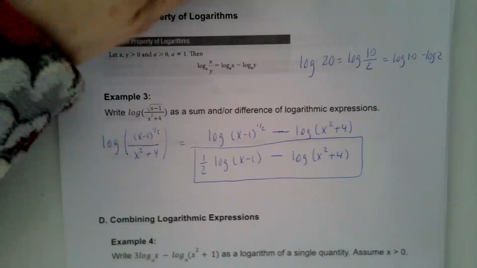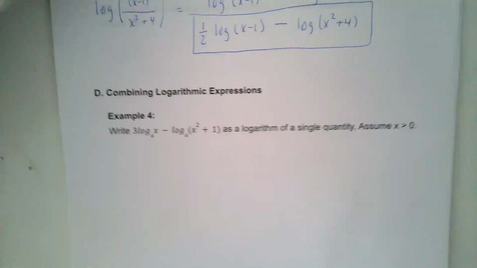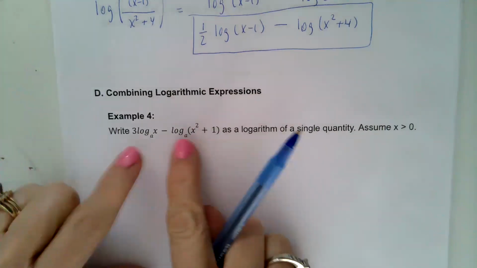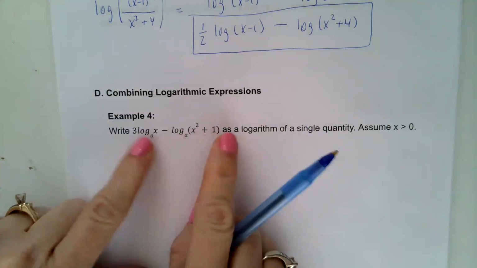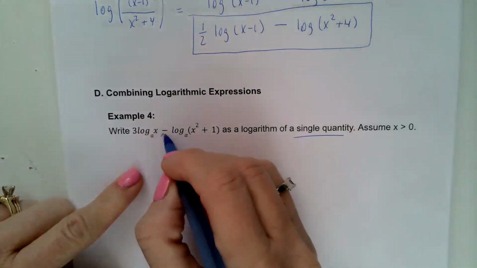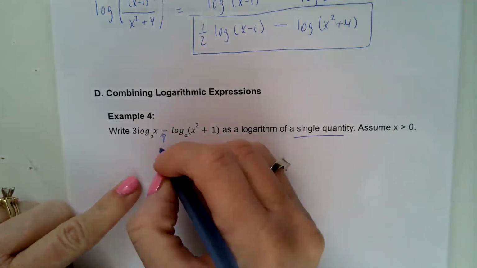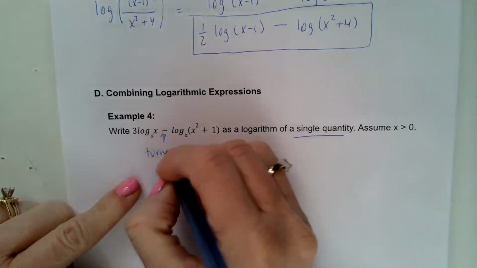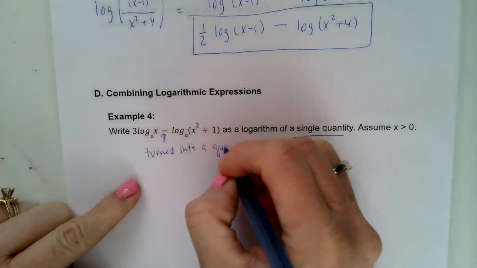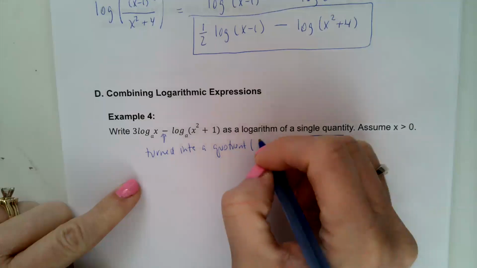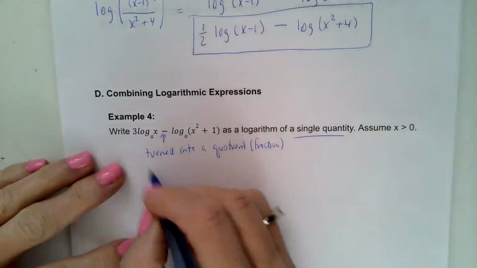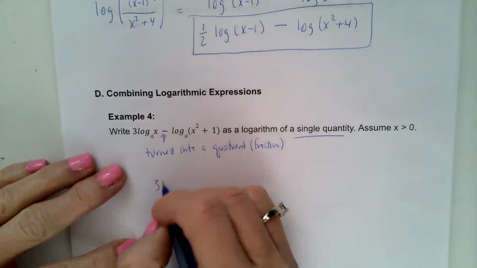Okay, now example 4 in letter D is just combining logarithmic expressions. So we're going to go the opposite direction. We've got separate logarithms and we want to write them as a single logarithm. Because we have the subtraction, that tells me it is going to be turned into a quotient or a fraction. So I'm going to do that first.